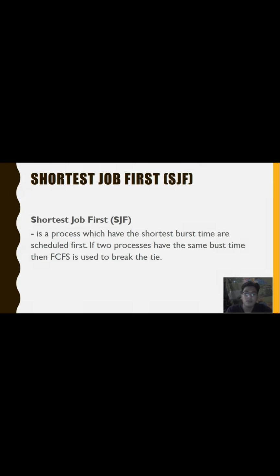Shortest job first is where the process which has the shortest burst time is scheduled first. If two processes have the same burst time, then first come first serve is used to break the tie. So in short, we still need first come first serve scheduling for the shortest job first. To put it into words, shortest job first is simply having the least burst time.